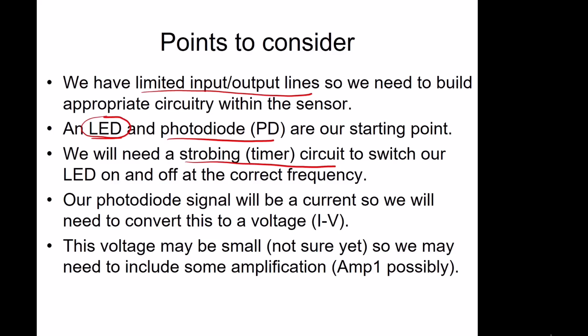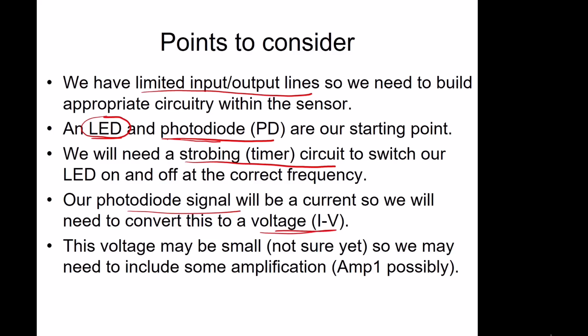So that light goes out, comes back, gets detected by the photodiode. Photodiodes, it depends which type you get, they typically output a current. So what we'll need to do is convert that current signal into a voltage signal. So for our signal from a photodiode, we're going to have to use a current to voltage converter circuit.